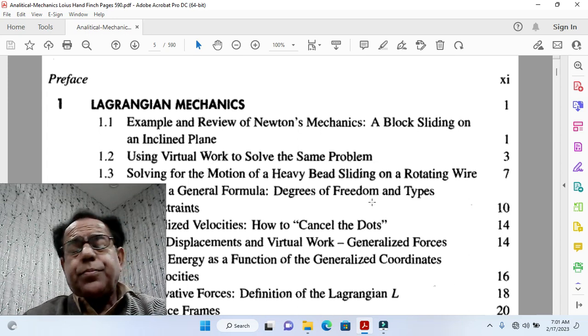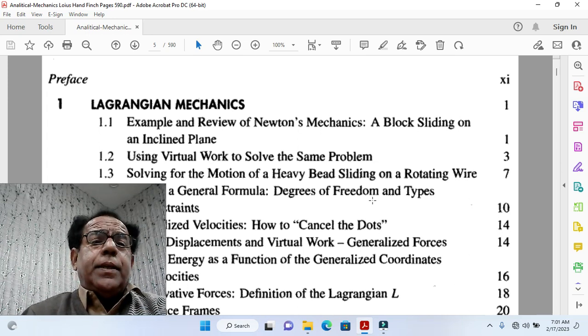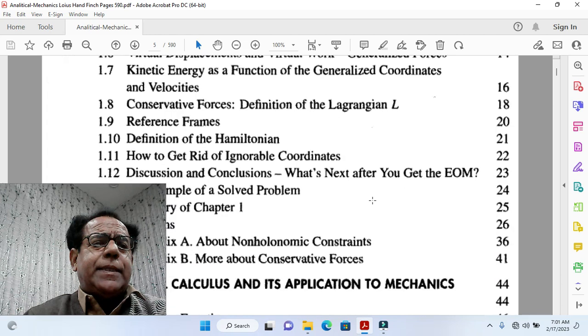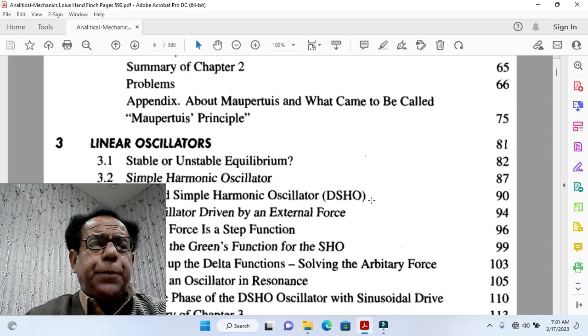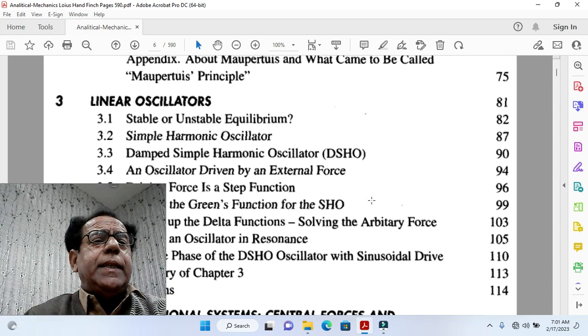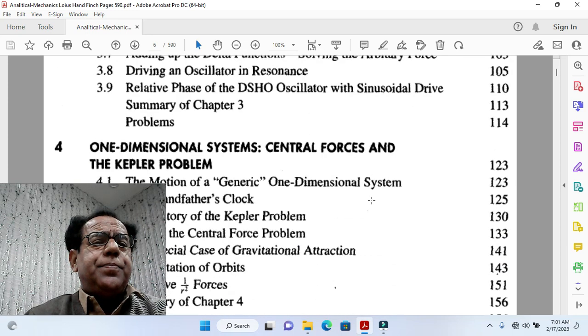Anyhow, we move to its contents. Chapter number 1, Lagrangian mechanics. Chapter number 2, variational calculus and its application to mechanics. Chapter number 3, linear oscillators.